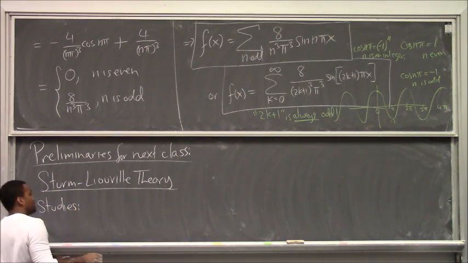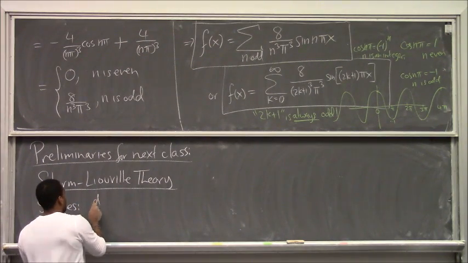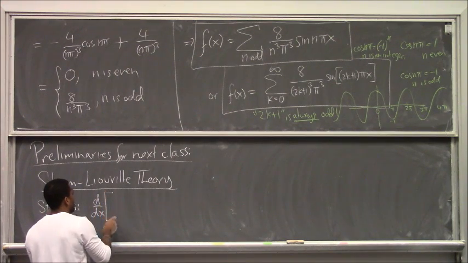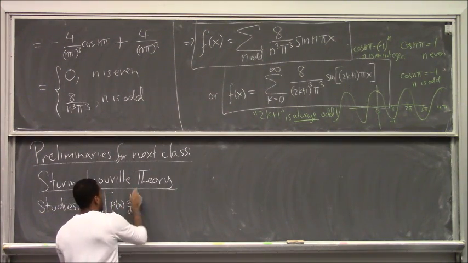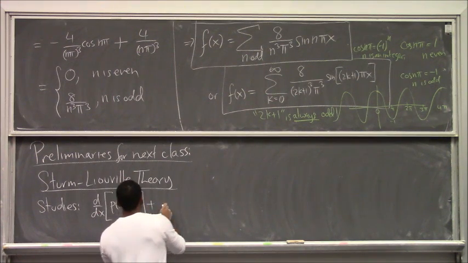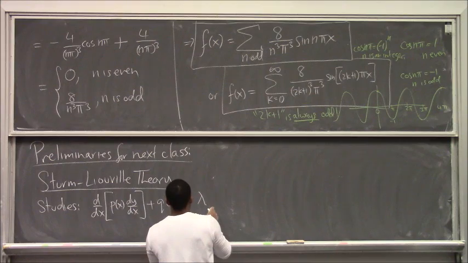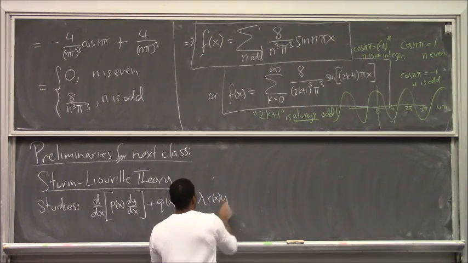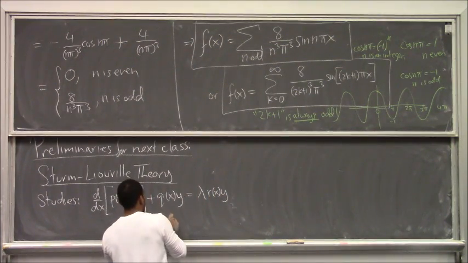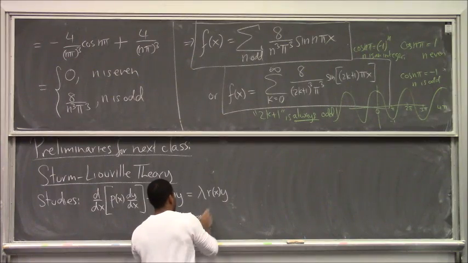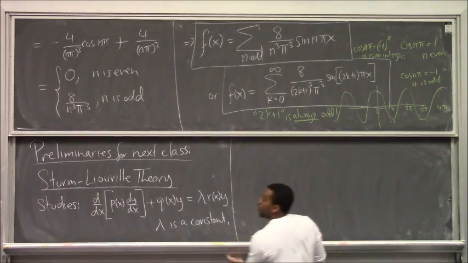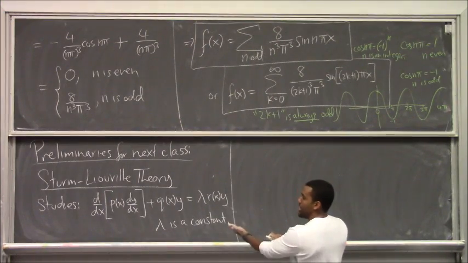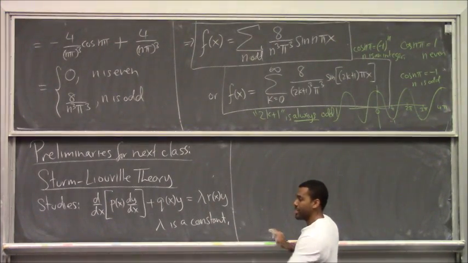It studies differential equations that look like this: d/dx of p of x dy/dx plus q of x y equals lambda r of x y, where lambda is a constant. There's a whole theory that goes into the applications and solutions of equations that look like that.